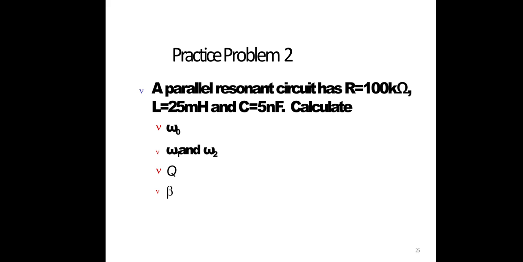So 5 into 25, 125 into 10 to the power of minus 12. That is equal to 10 power 6 by root 125. Root 125 is approximately 11 point something. So 10 power 6 by 11 point something, near about 9 into 10 to the power of 4. That is 90 kilohertz.